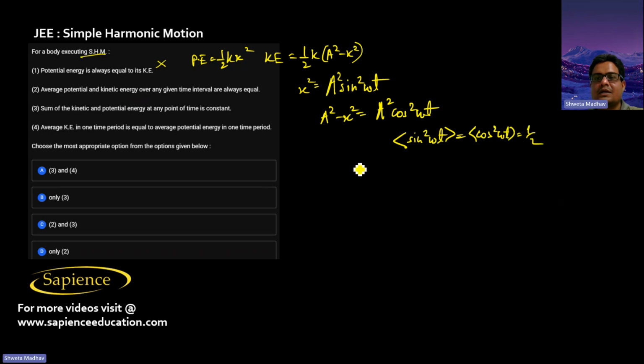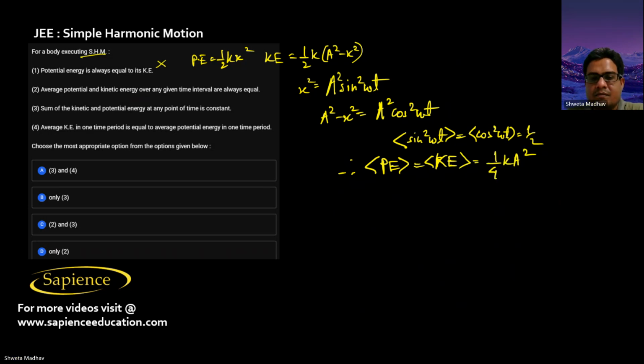So the average of potential energy and the average of kinetic energy over a given time interval will obviously be 1/4 k a squared, since the average of x squared is a squared by 2, and the average of a squared minus x squared is also a squared by 2.